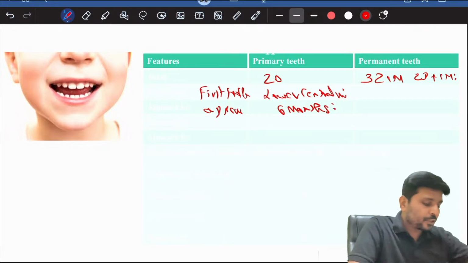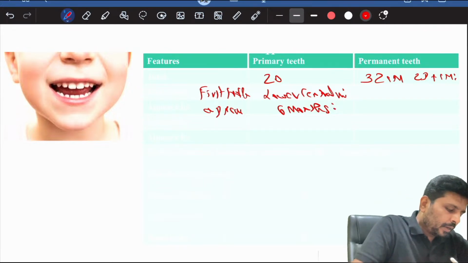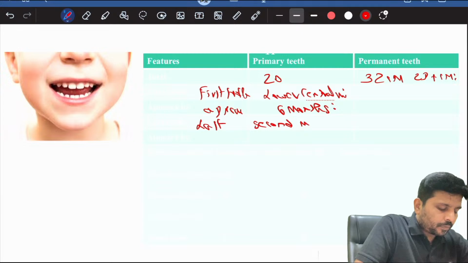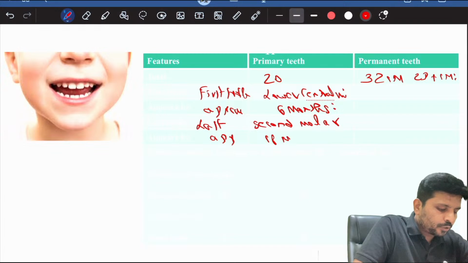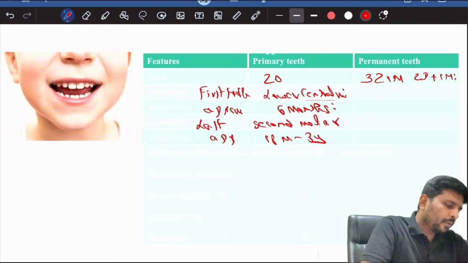Whereas your last temporary tooth is your second molar, which usually appears by 18 months to 3 years.